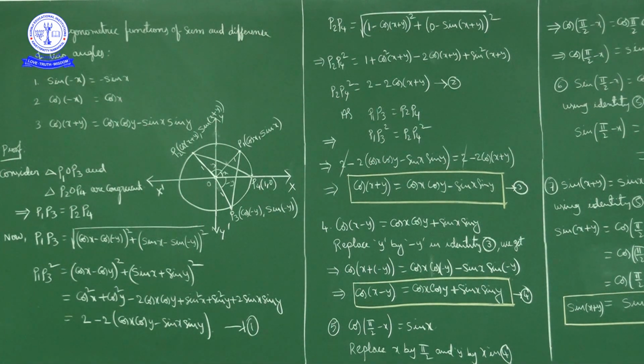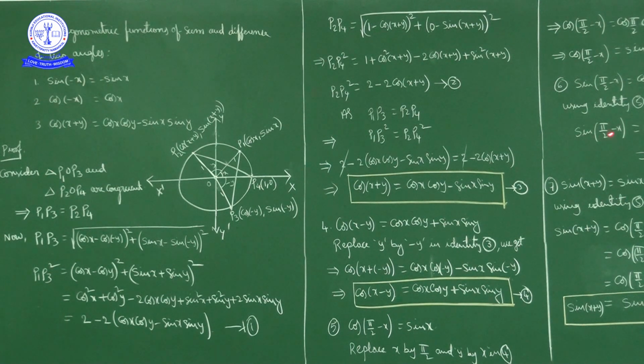Next, sin pi by 2 minus x is cos x. How to prove it? Sin x is equal to cos pi by 2 minus x. Using identity 5, sin pi by 2 minus x is cos of pi by 2 minus of pi by 2 minus x.